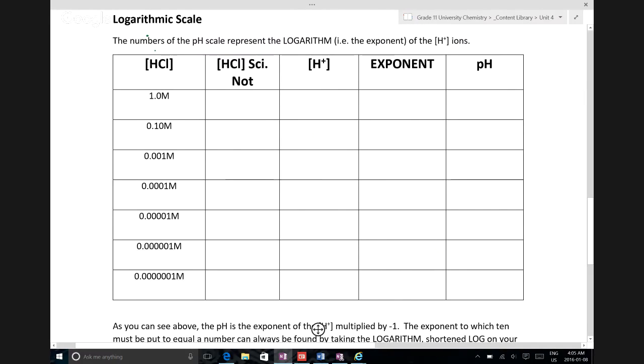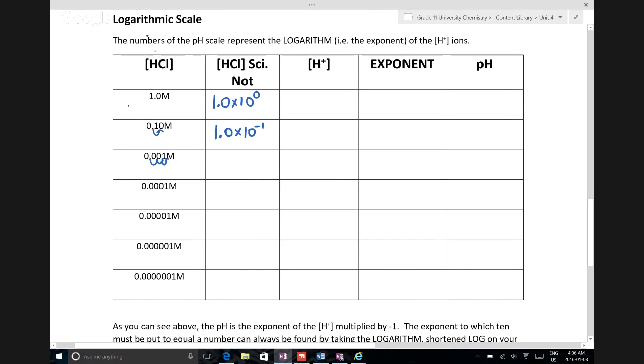So this one here, if we were to put in scientific notation, it would be 1.0 times 10 to the exponent 0, because it's not times 10 at all. It's just 1.0. So that would be 1.0 times 10 to the 0. This would be here 1.0 times 10 to the negative 1, because I would have to move the decimal over one place. I accidentally skipped one here, but that's okay.